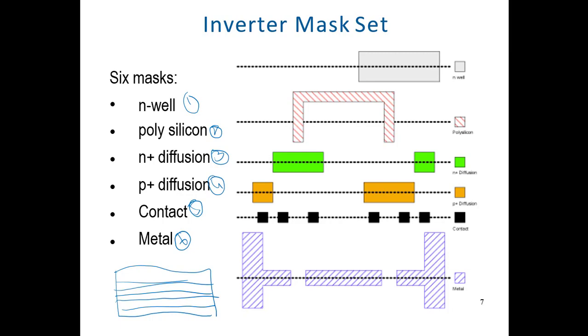So you see here the first one is the mask of N-well, then we have the mask of polysilicon, then we have N plus diffusion. So you see these masks are used to expose some areas, selective areas of the wafer.